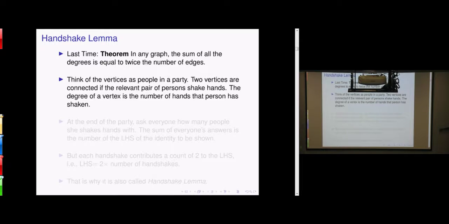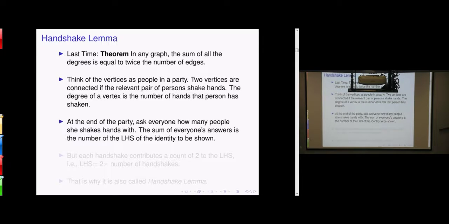Now, at the end of the party, ask everyone how many people she shook hands with. Right? You add the total of them, so that's the sum of everyone's answer. It's the sum of all degrees.